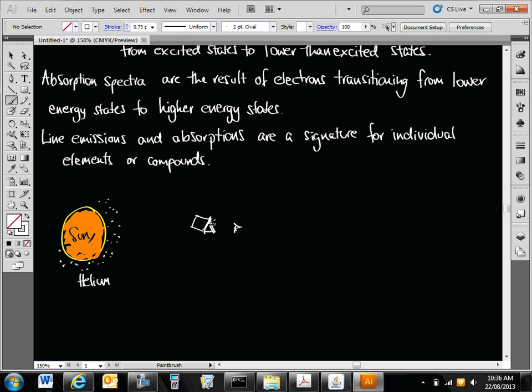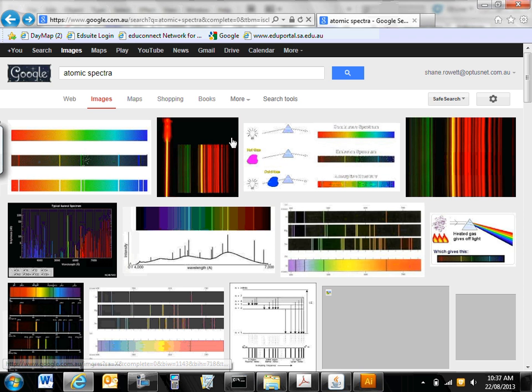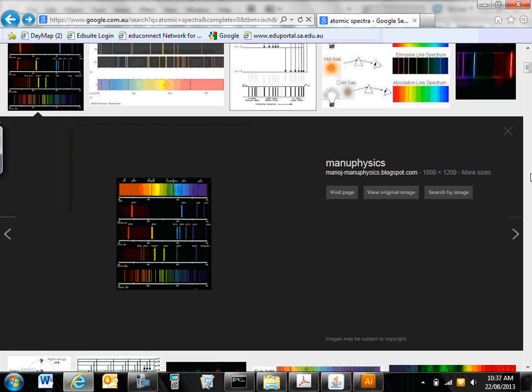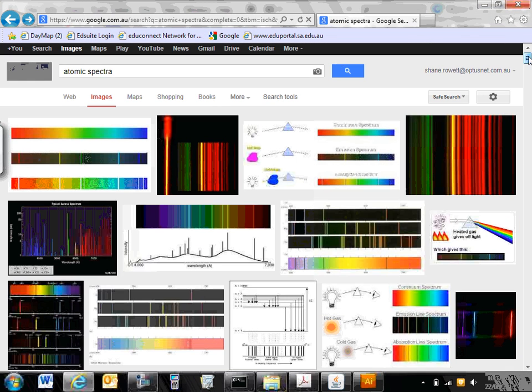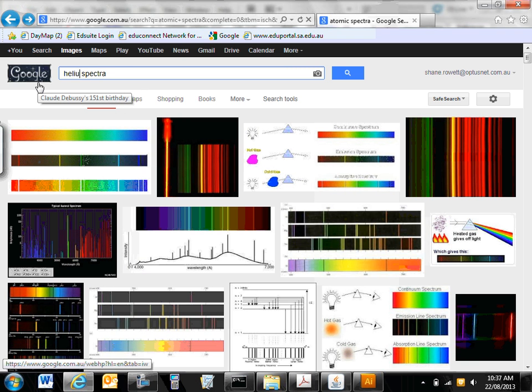Yeah, people have been known to do that in the past. Now, through a spectroscope, and they saw this. Let's find the actual spectra. Helium absorption.